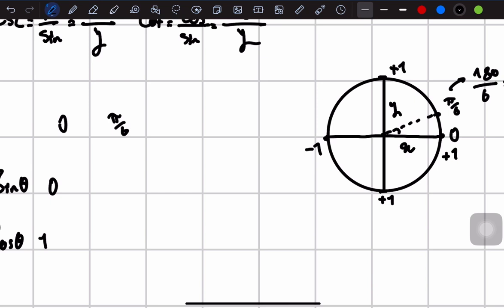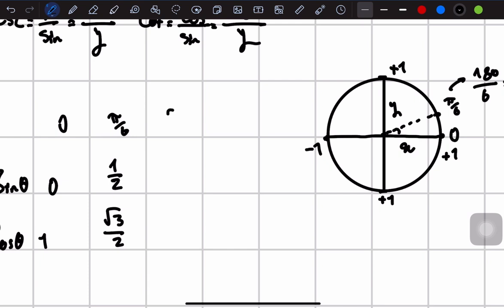It's up to you. I would personally advise you to memorize them, which is what I do. So sine of pi over 6 is equal to 1/2, and cosine of pi over 6 would be the square root of 3 over 2.